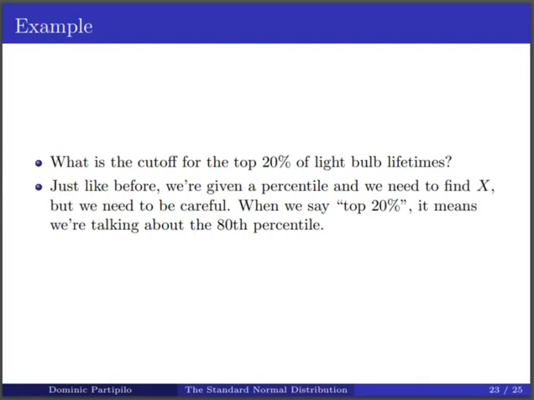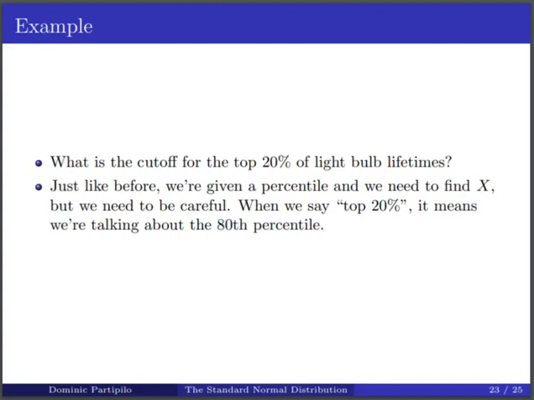So now we can look at another example where we're being asked what the cutoff for the top 20% of light bulb lifetimes is. Just like before, we're given a percentile, we need to find x, so we're going to be working our way backward on that diagram, just like we did in the previous example. But we're saying top 20%, so what we're actually concerned with is the 80th percentile.